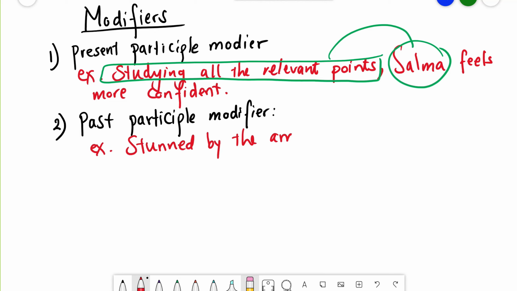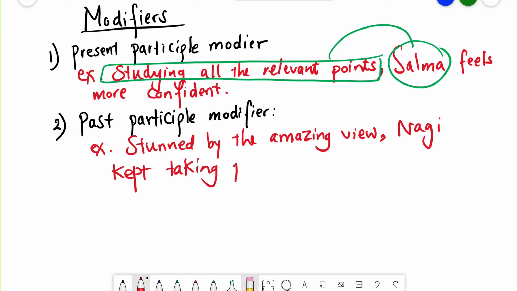Stunned by the amazing view, Nagy kept taking photos of what? Photos of a lifetime, something like that.